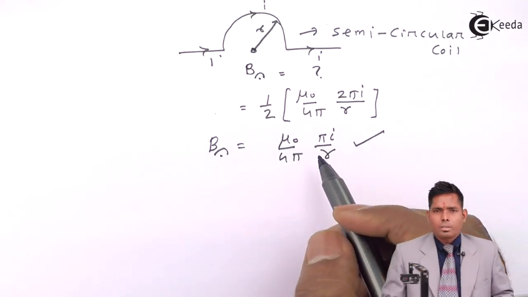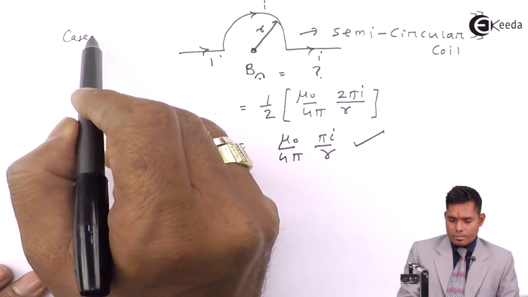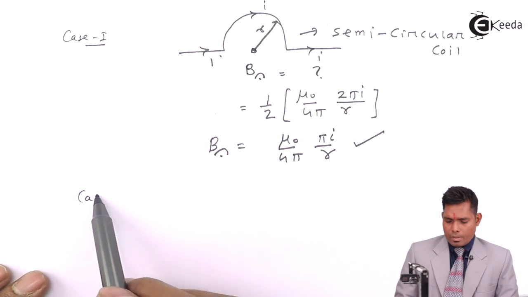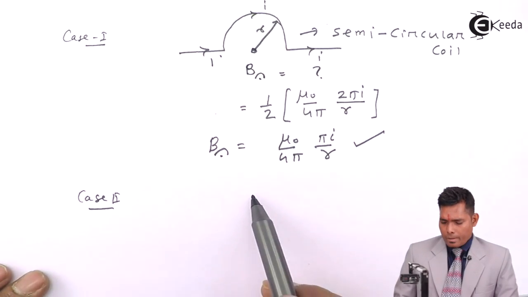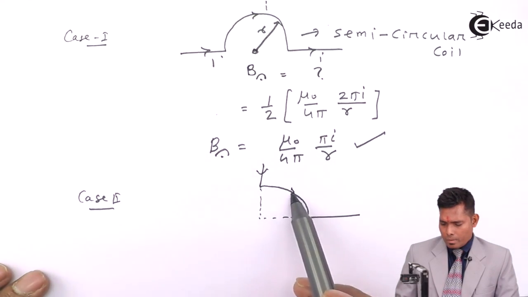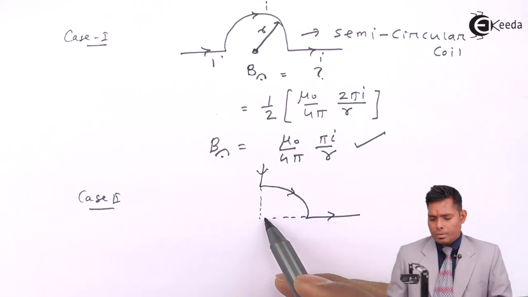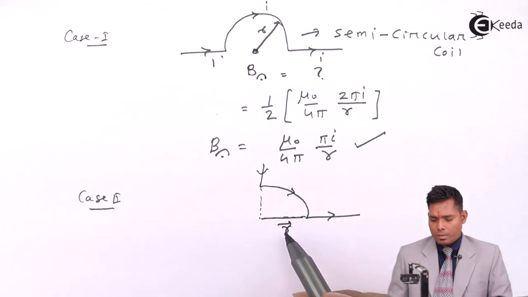If it is 1/4 of the coil, this is case 1. Let us take one more case. It is like that, 1/4 of this is r.